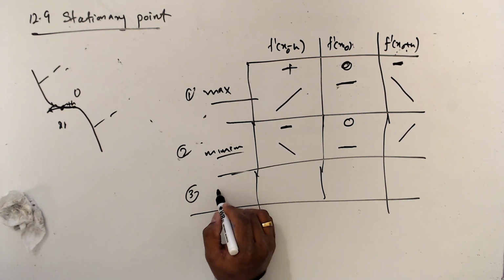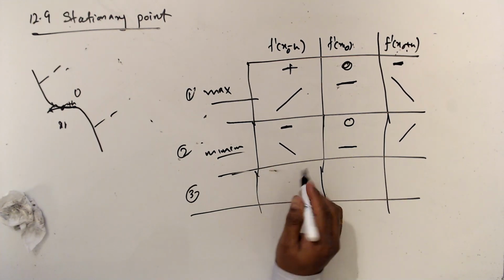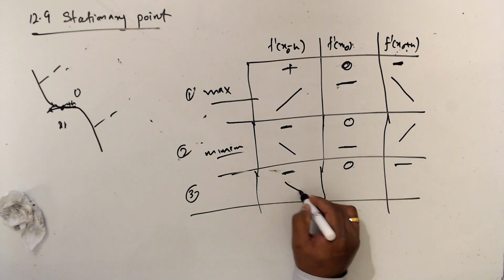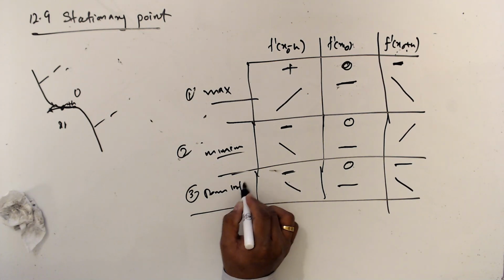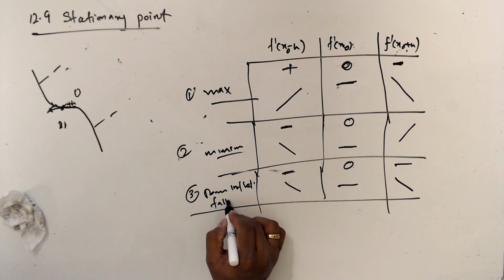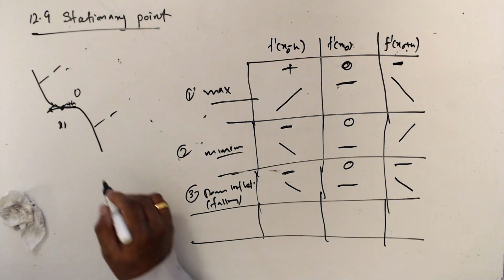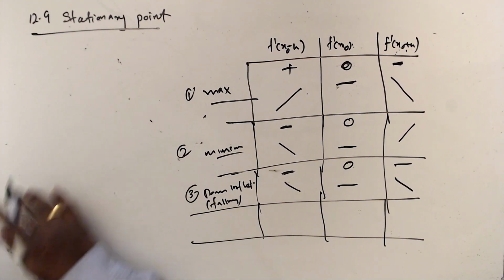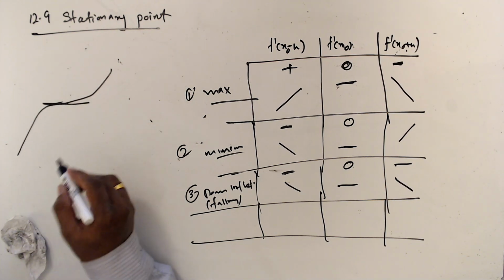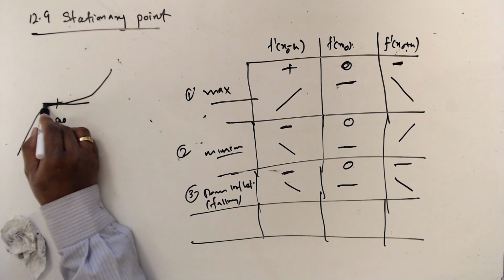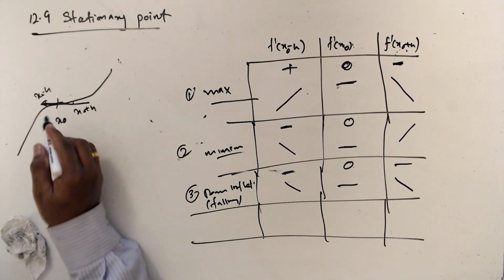So then this is negative, 0, negative, like this. It means a point of inflection, that is the falling one. The other one, the fourth scenario, this point. So you will see this is x naught. You go to the left, x naught minus h, and go to the right, x naught plus h, and see what the gradient is.